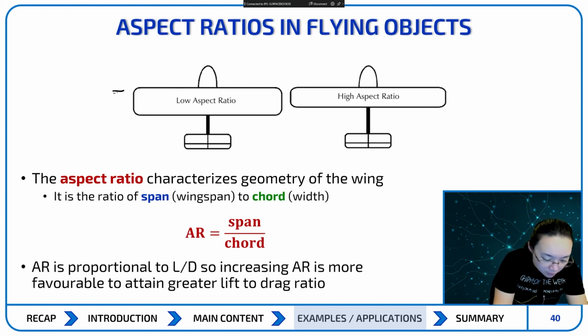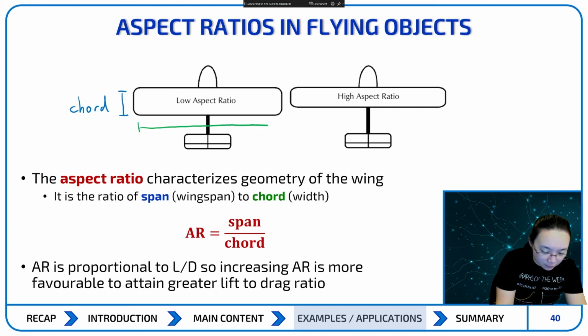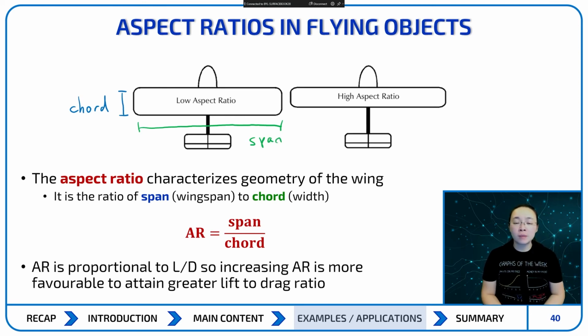So here, the width is called the chord, and the length is called the span. Like for birds, you have a wingspan. The span is basically how wide those wings can be spread apart, and the chord is how thick those wings would be. So your aspect ratio is your best bet at characterizing what kind of a wing you have.